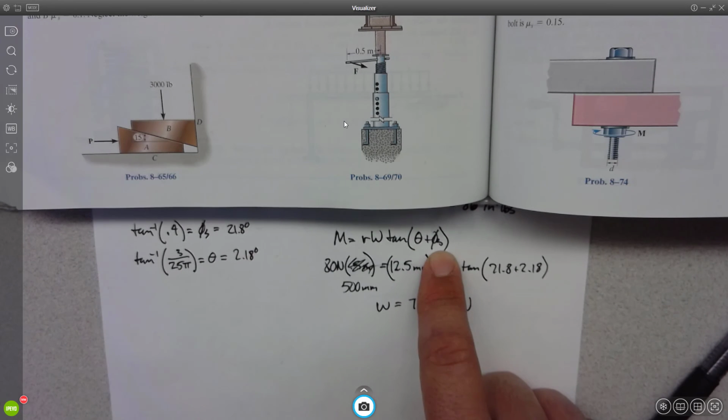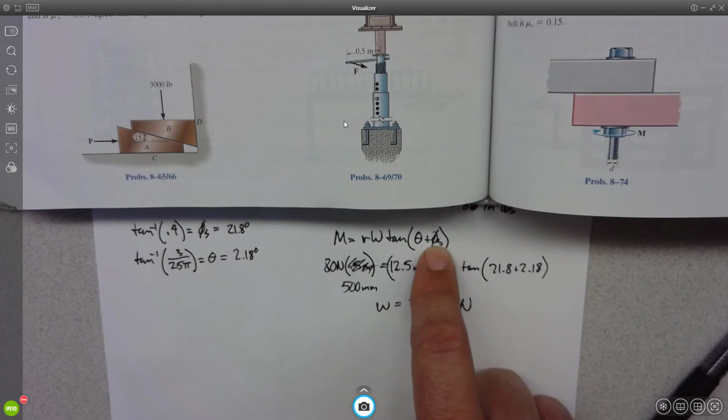And what's phi static? I call it the friction angle. It's governed by the coefficient of friction, so it's the inverse tangent of the coefficient of friction. It's the angle between the normal force and the resultant also.